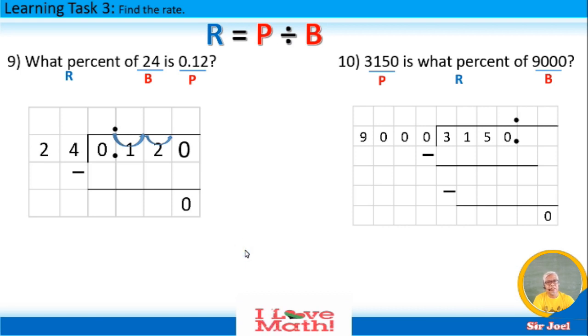But in this case, ilang zero? 2. Tapos, solve nyo yan. Okay? Pagka-solve, huwag kakalimutan i-move ang decimal point 2 places to the right. So, that's it. This is how you can find the rate sa given problem. Okay? Ayos.